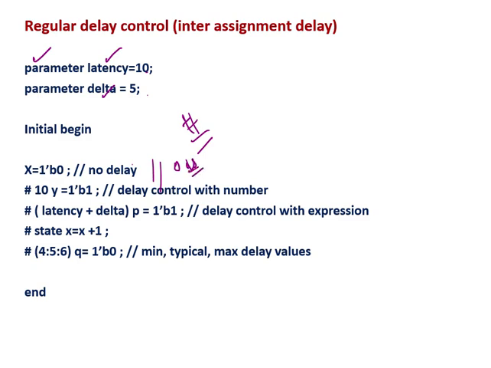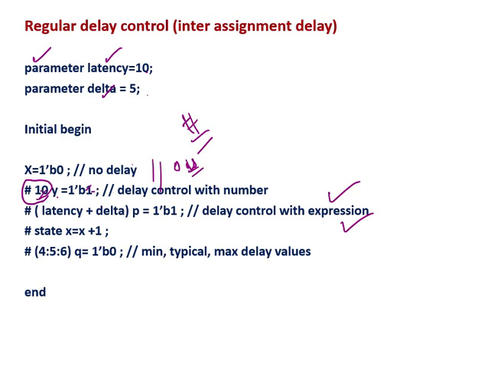If I write #10 y equal to 1'b1, this is a delay of 10 time steps, let's say 10 nanosecond. So 1 will be assigned to y after 10 nanosecond. This way I can directly assign the number 10, or I can use an expression.